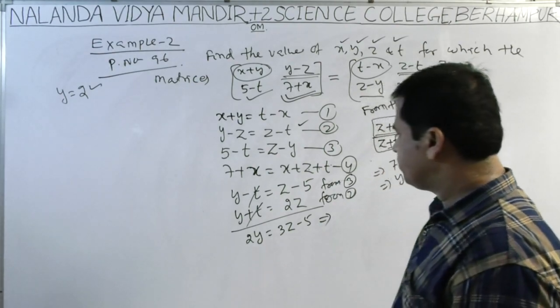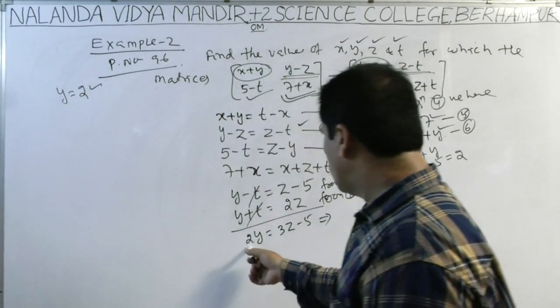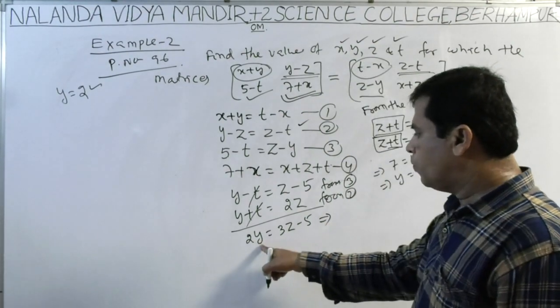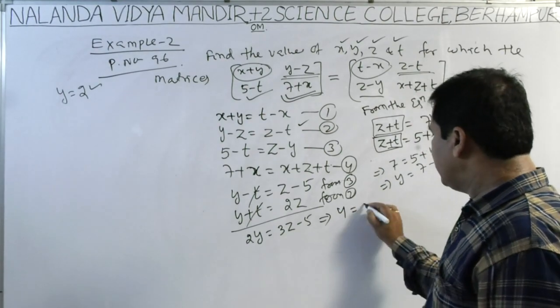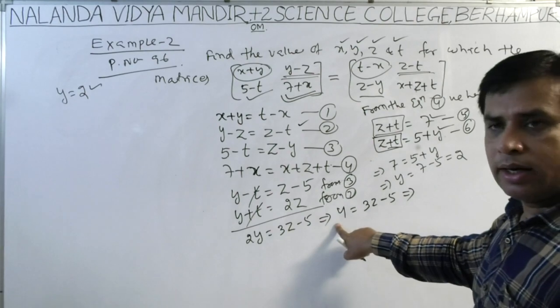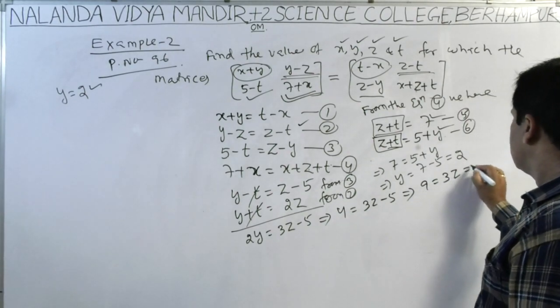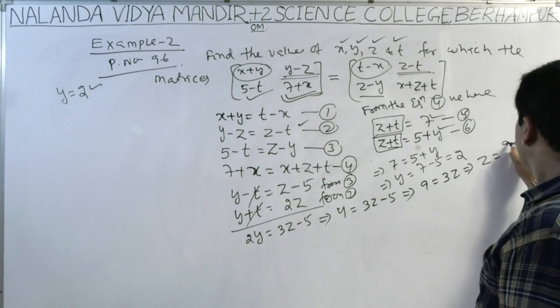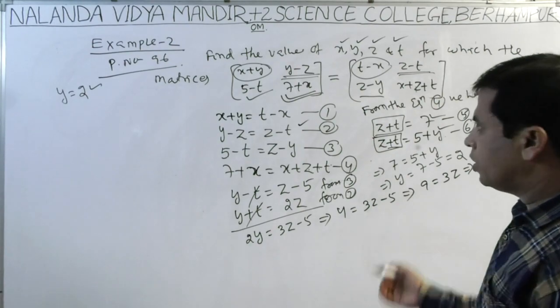The value of y is equal to 2. Therefore, putting the value of y in this, we get 2 into 2, 4, is equal to 3z minus 5. Taking minus 5 to the left side, 4 plus 5, 9, is equal to 3z. This implies z is equal to 9 by 3, which is equal to 3. Therefore, the value of z is equal to 3.